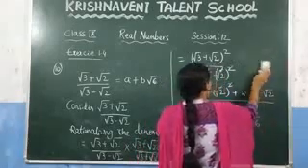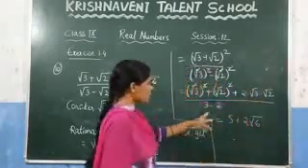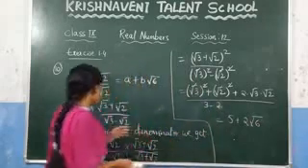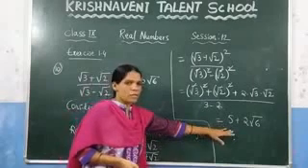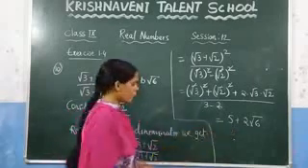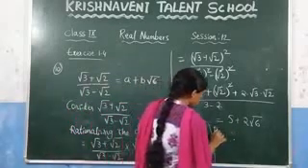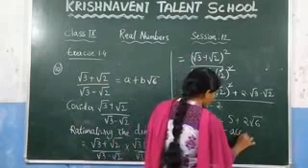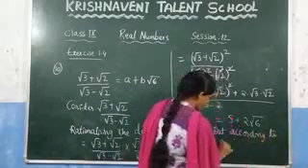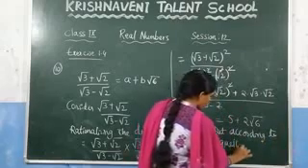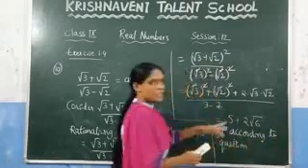Now what's the denominator here? 3 minus 2, which is 1. So we took this number, and after rationalization, what we got is the value 5 plus 2 root 6. But according to the question, what is given here is that these two are equal.